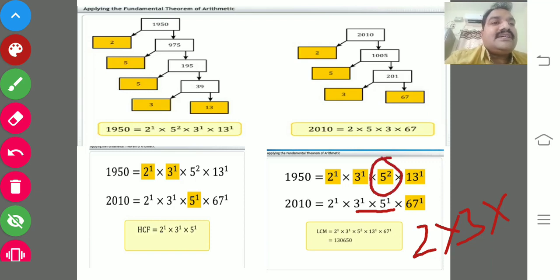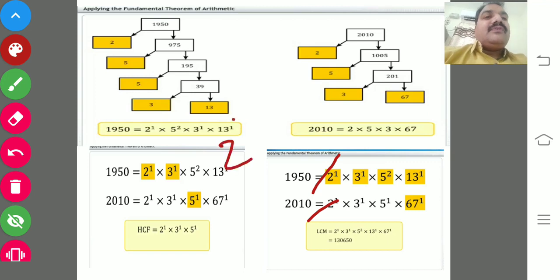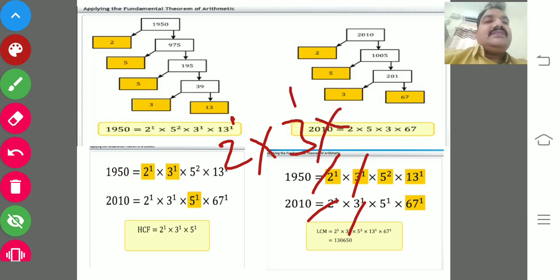In the LCM case you have to take the highest occurring, so you take 5 square. And 13 power 1 is here, but not there in the other, yet you still take it. Once again, children, 2 power 1, 2 power 1, you write 2 power 1, and 3 power 1, 3 power 1, no problem at all, because in both numbers 2 and 3 are repeated only one time.